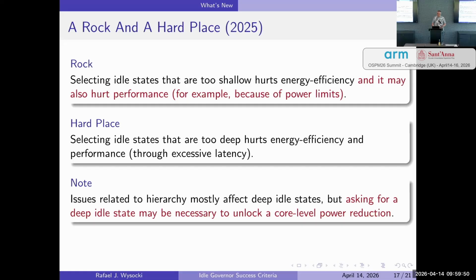It doesn't change things a lot, but it means that if you want the governor to be perfect, then it has to make perfect decisions every time, which means that it always has to predict an idle state that matches exactly the following idle duration, and good luck with that. It's hard.